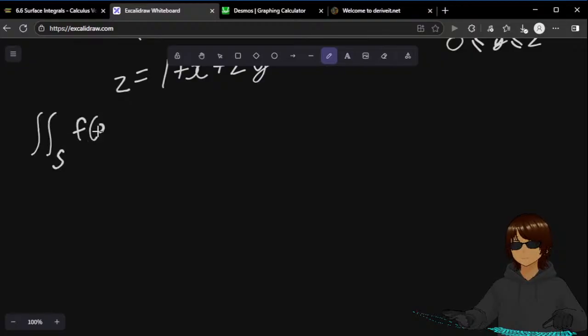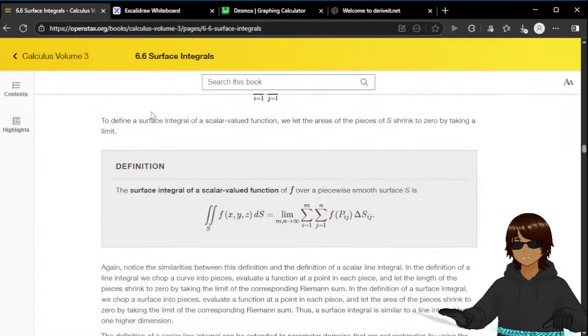The integral of f(x, y, z) dS, and hold on.